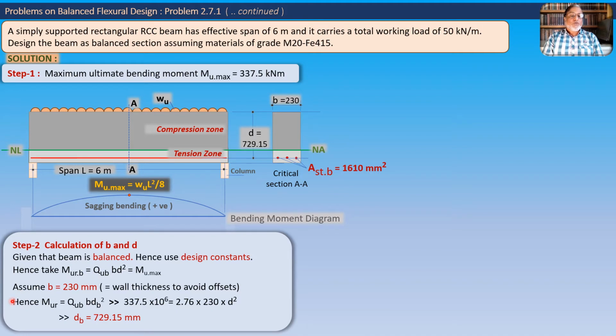So the value of one unknown will have to be assumed. We will usually assume the value of B, that is the breadth of the beam, and we will usually take it as 230 mm. There is a practical significance to this value of 230 mm. It happens to be the thickness of a one brick thick wall.